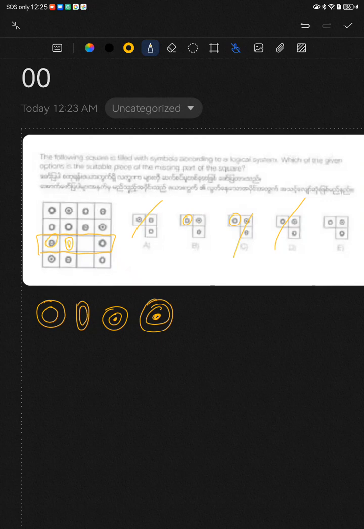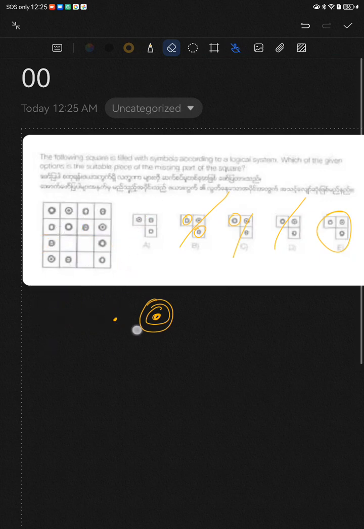It cannot be B because there's already a small Nazar here, leaving E as our answer.